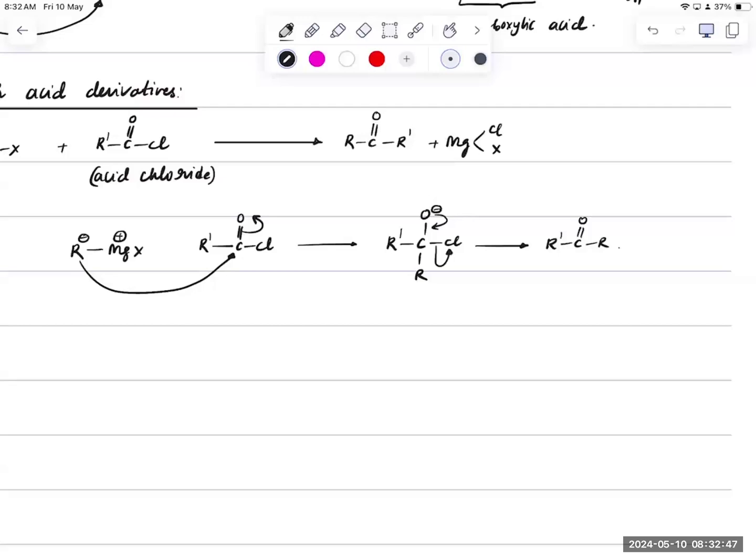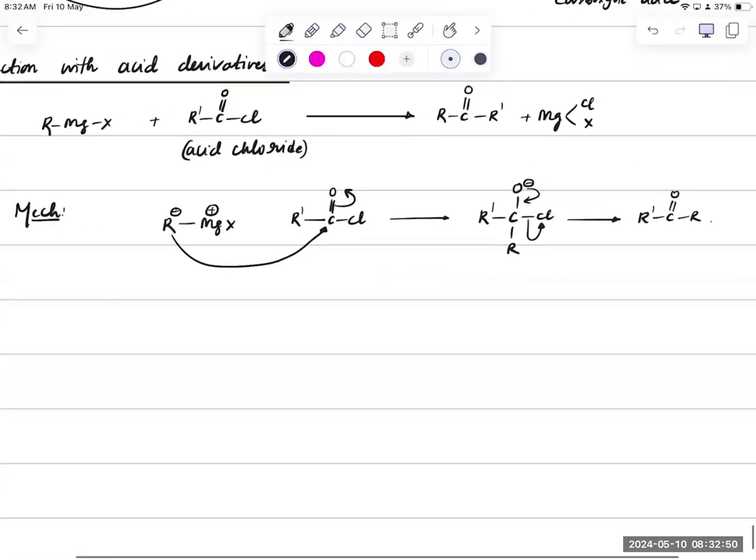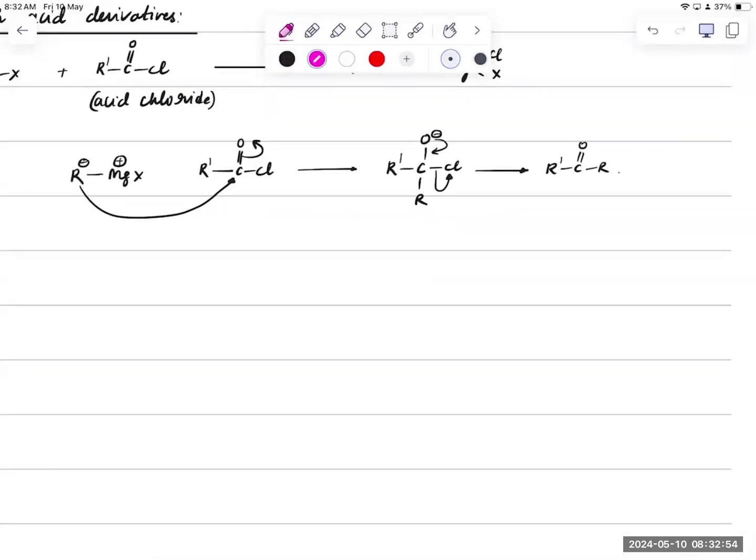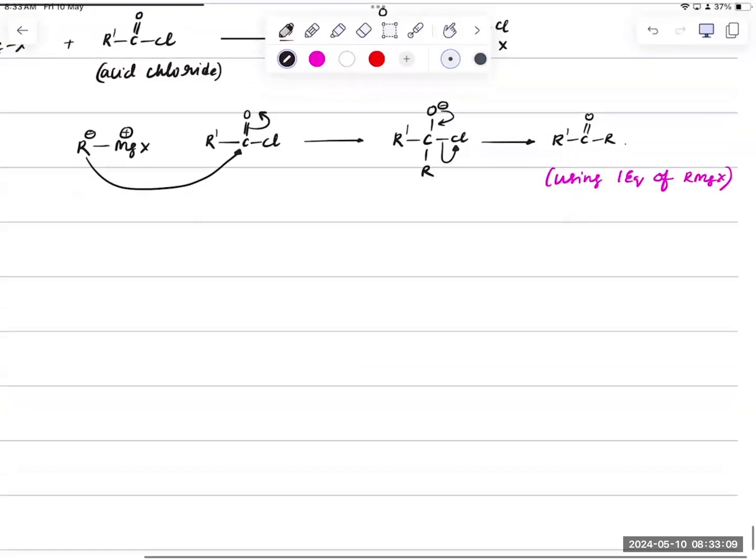Okay. So this is the first step which we have done. This is using one equivalent of RMgX. So remember that if I use only one equivalent, I'll end up at ketone. But if you follow further, if you have one more equivalent, then it will convert into alcohol.